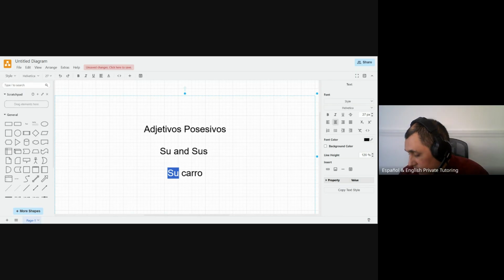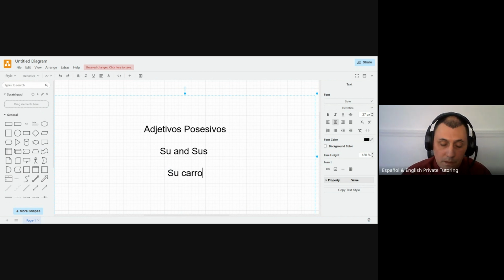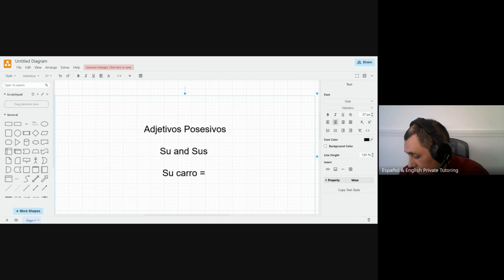Because of this, the book says that we need to use a formula to clarify this. And according to the book, to cover, let's say that I'm trying to say your car. Oh no, let's do another one that is better. Let's say his car.